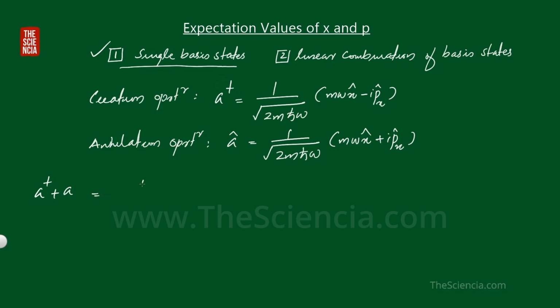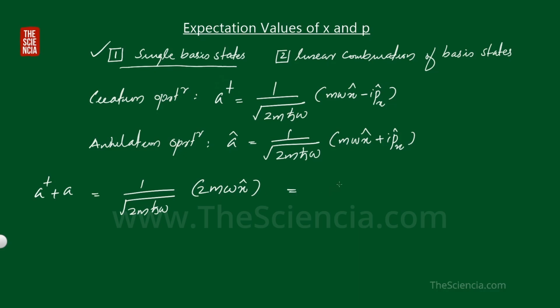that is equal to 1 by root 2m h cross omega into 2m omega x cap, right? I can simplify this equation because there is root 1 by 2m and 2m.